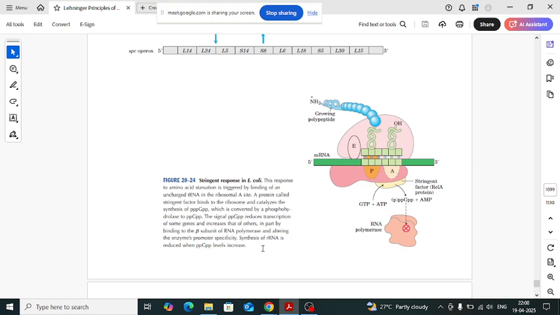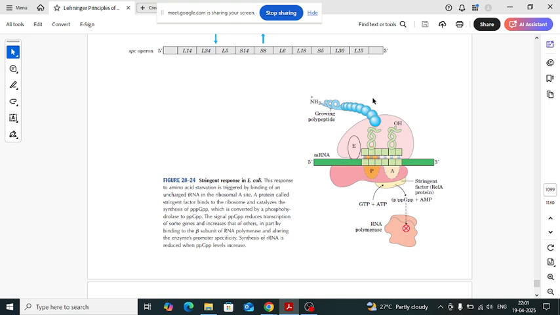One example is ribosomal RNA. Synthesis of ribosomal RNA is reduced when the ppGpp level increases, which eventually inhibits ribosomal biogenesis.